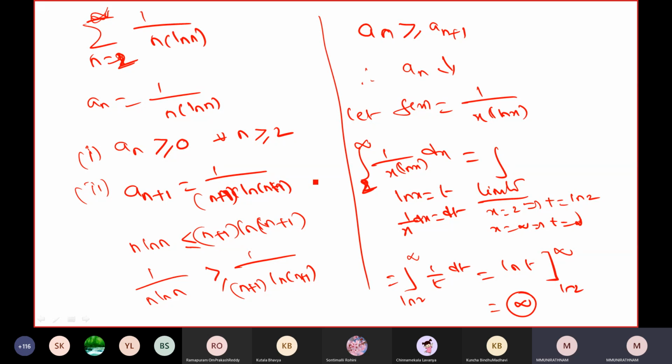Therefore, this diverges. Did you write it down? Ln infinity is infinity. Okay? Diverges.